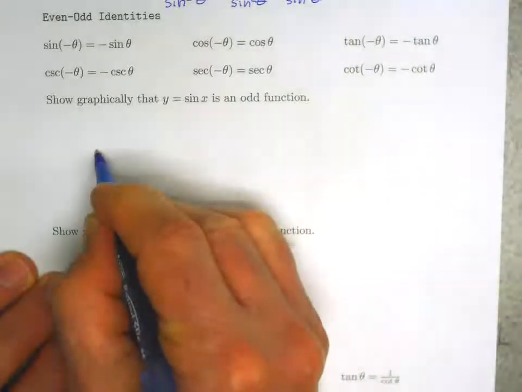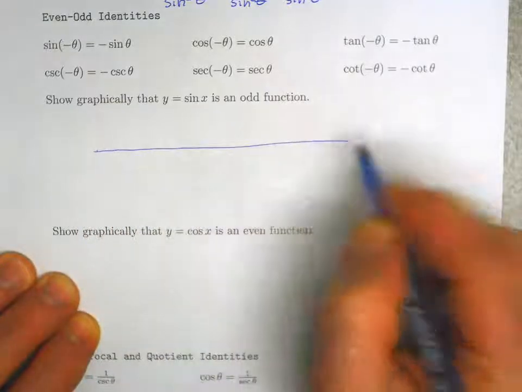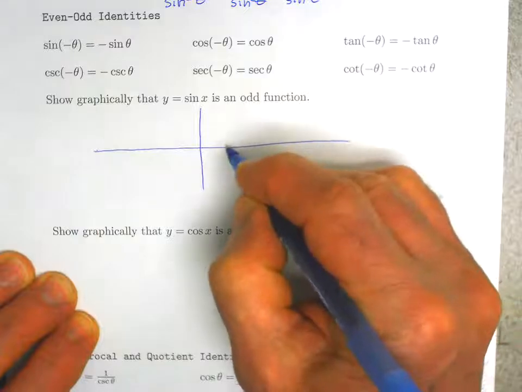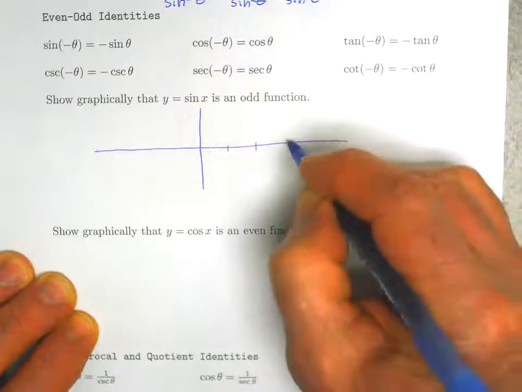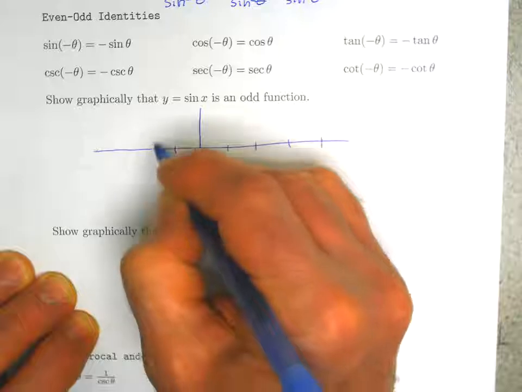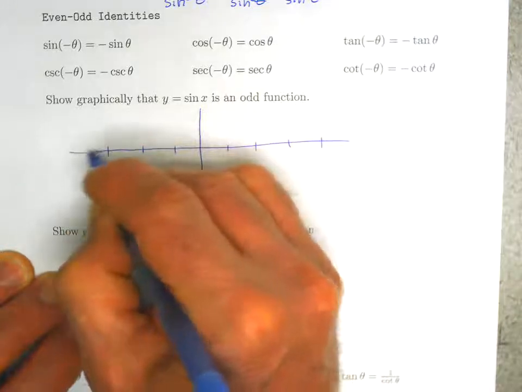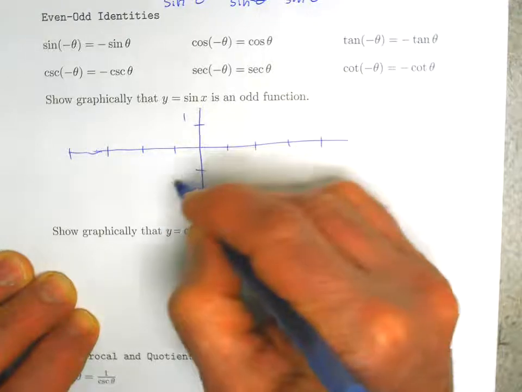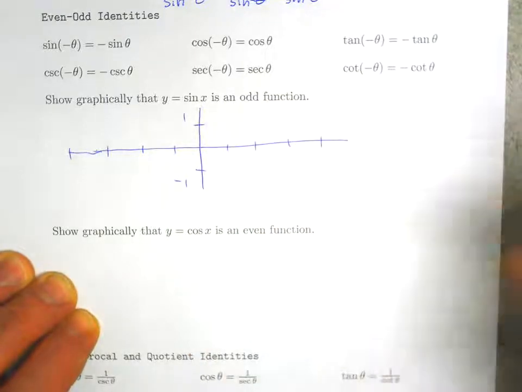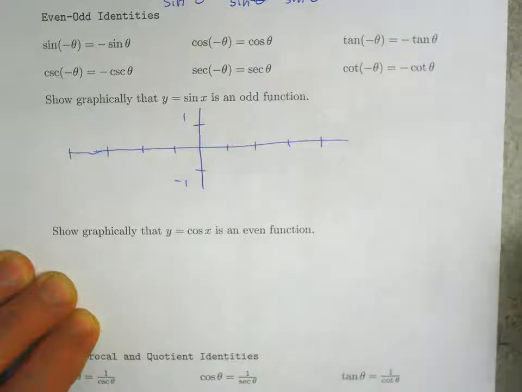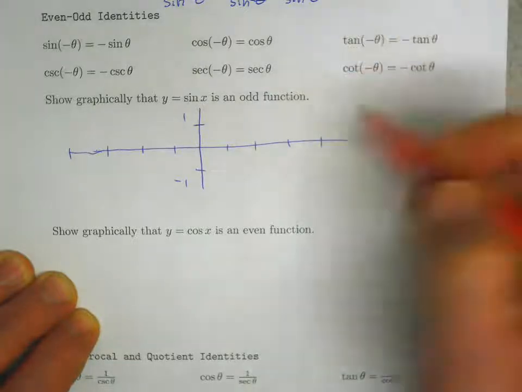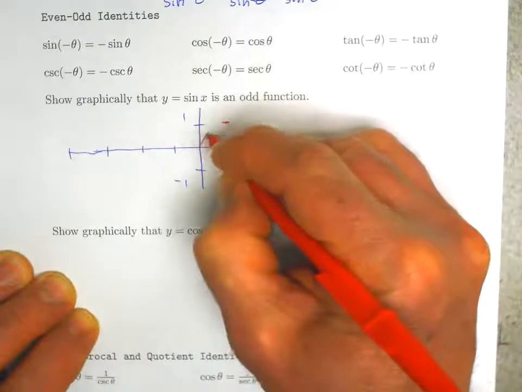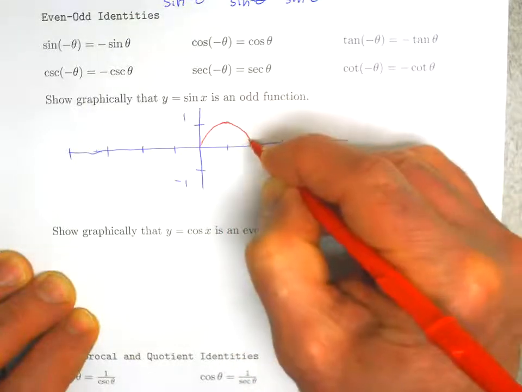Okay, so if we sketch a graph of a couple of periods of sine, do the first period on the right to start with.